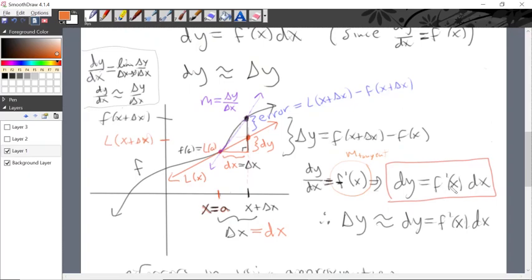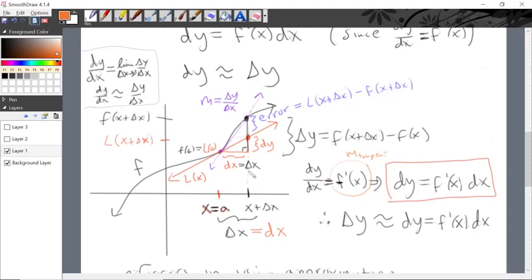And we can use dy now as an approximation to delta y. So we can approximate the actual change in the y value of the curve. All right, we can approximate that change by using the change in the y value along the tangent line. Now dx, again, is the same as delta x.